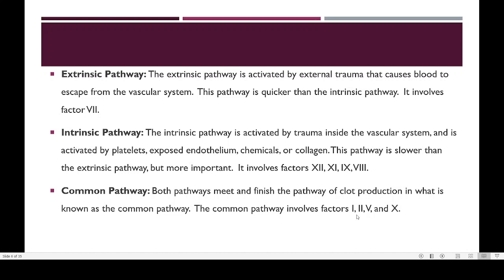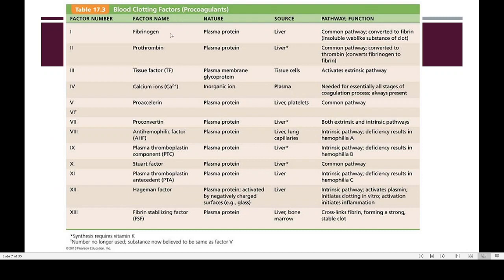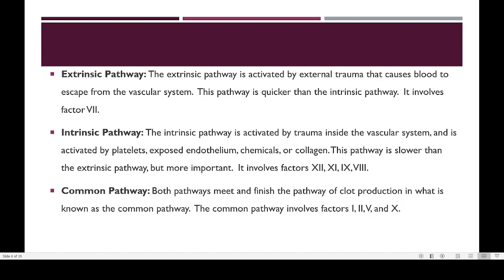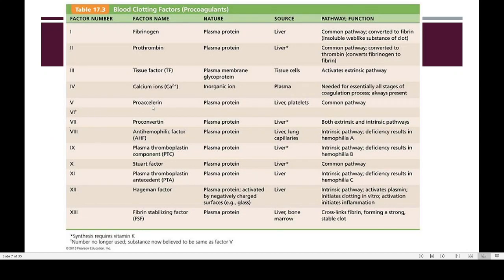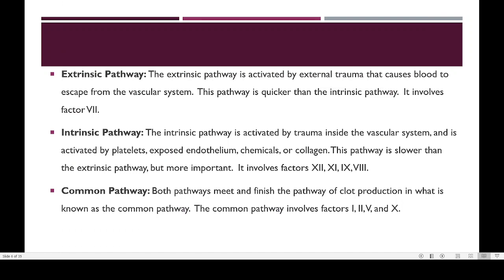Here you can see that four factors are present: factor 1, factor 2, factor 5, and factor 10. Factor 1 is fibrinogen, factor 2 is prothrombin, factor 5 is pro-accelerin, and factor 10 is the Stewart factor. So these are the four proteins playing a role in the common pathway.